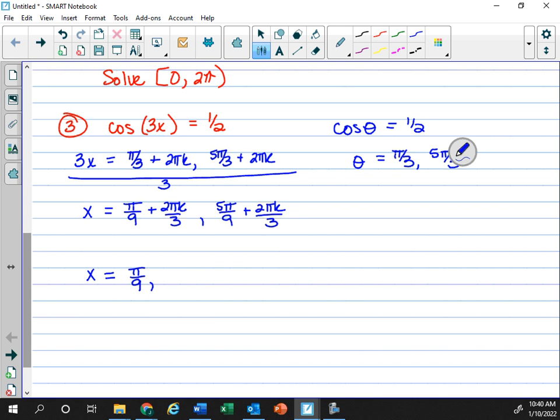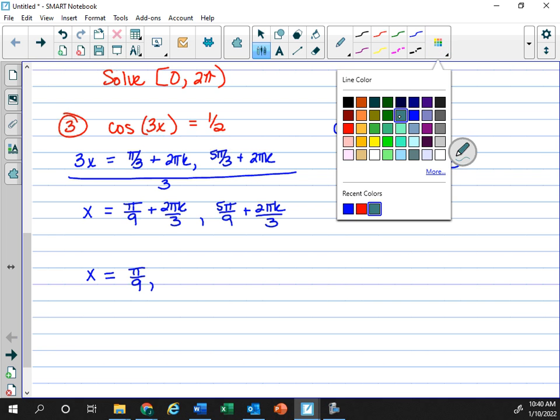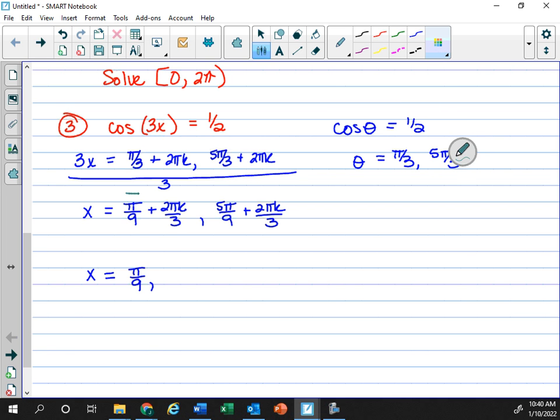To that answer, you are adding that 2 pi over 3, okay? You are actually going to do this little problem right here. So off to the side, if you need to write it down to figure out your fractions, I am just adding those together. Pi over 9 plus 2 pi over 3.